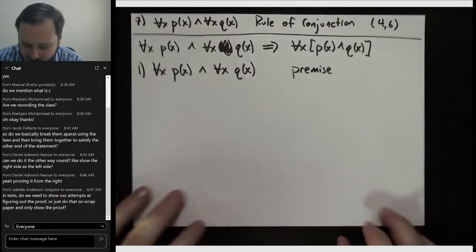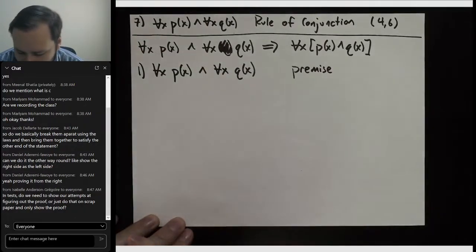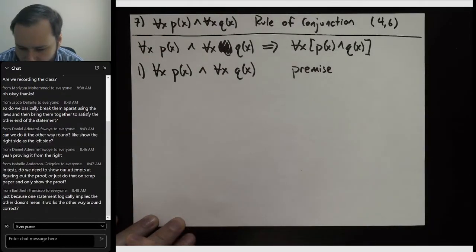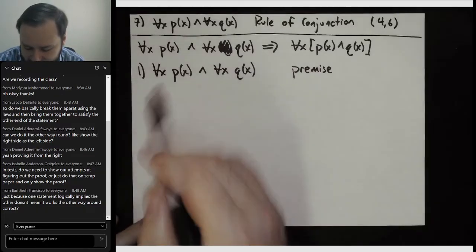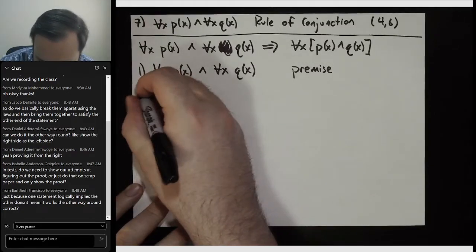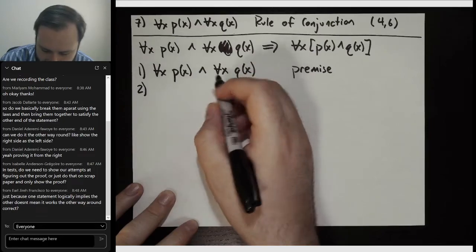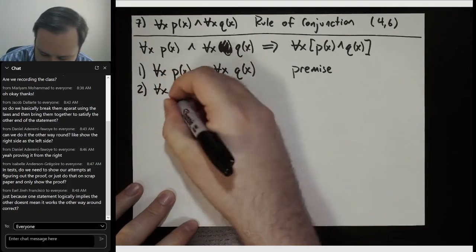And now I'm thinking, right now this ampersand is in my way because I want to use something like the rule of universal specification. But I can't because this ampersand is in the way. Good question in chat. Let me get to that after this one. So since I have an and, I can pick either side. So let's pick one of them.